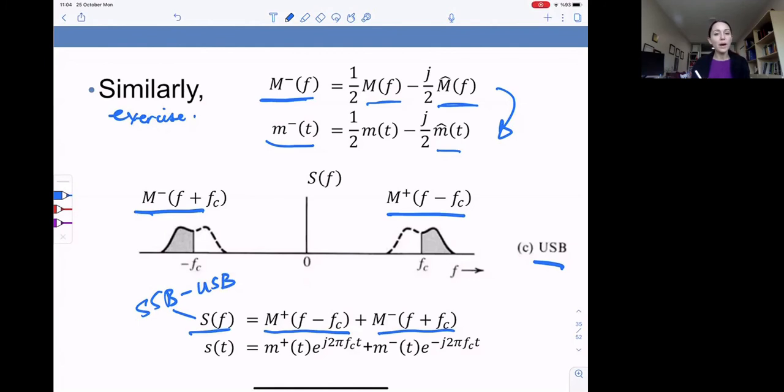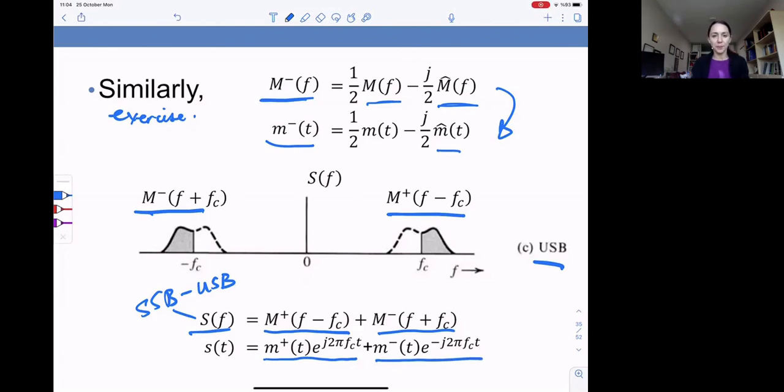Okay, how about in time domain? A shift operation. Okay, in time domain, it corresponds to taking m plus e to the j 2 pi fct and m minus e to the minus j 2 pi fct.